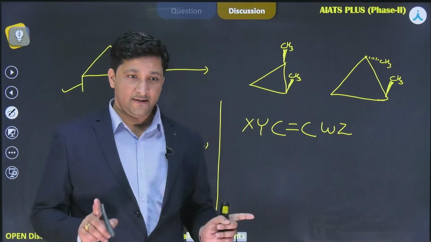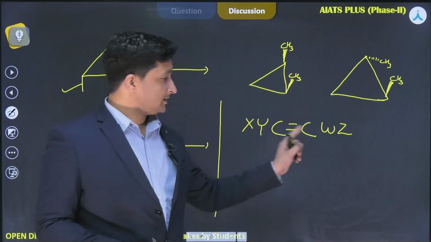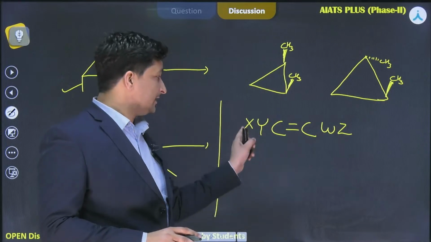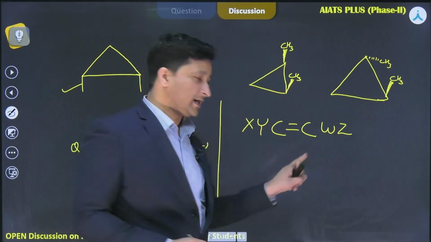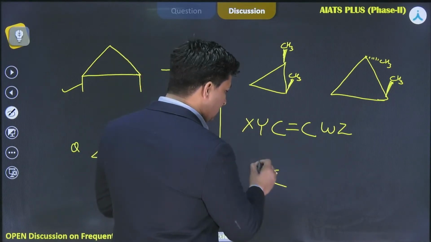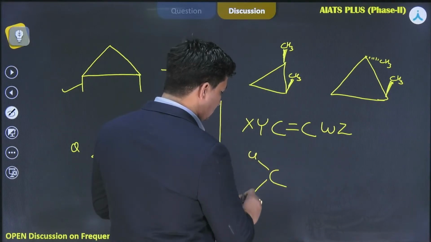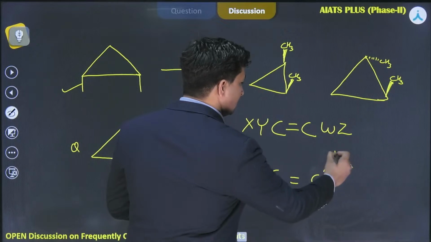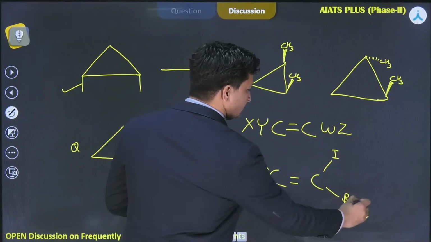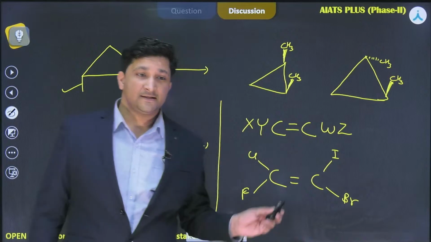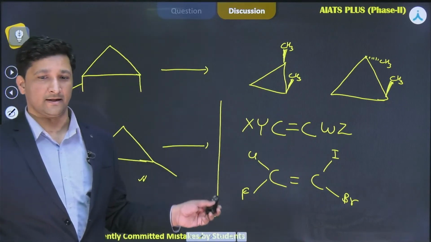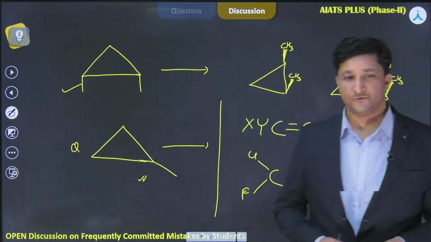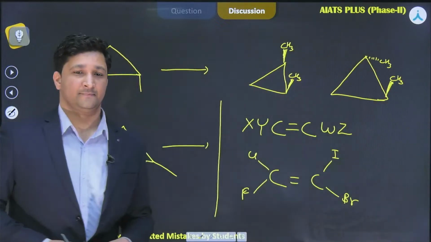X and Y are different groups attached to carbon. Again, W and Z are also different groups attached to carbon, and they are different from each other also. I am giving you an example: C, Cl, F, double bond C, I, Br. Now, tell me one thing, will this compound show geometrical isomerism or not? This is a very interesting question.